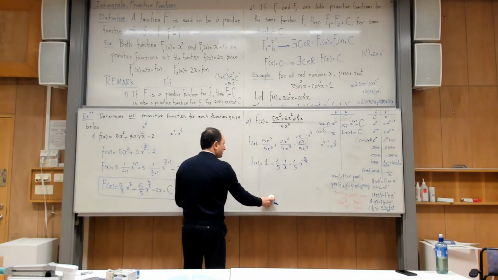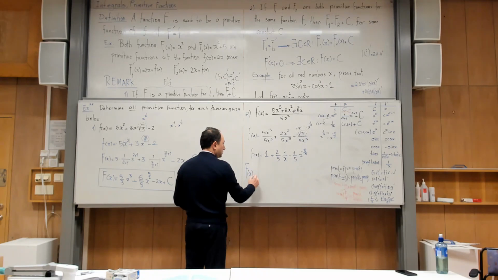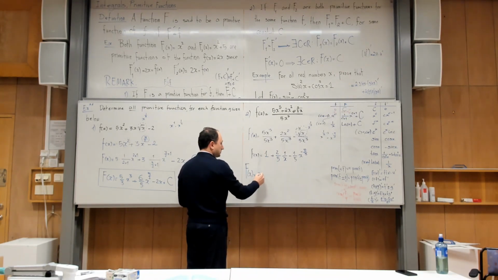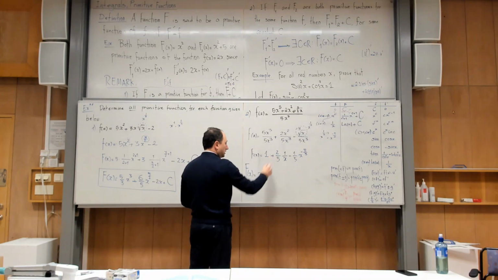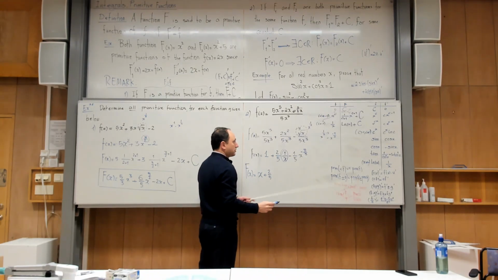So now I can write all primitive functions f of x is equal to a primitive function for 1 according to this red line here is that number times x. This one is 2 over 5, but the primitive function for this is the third line here.